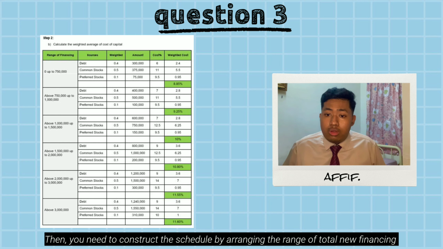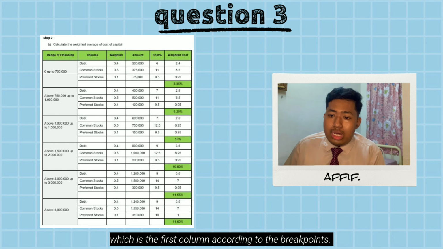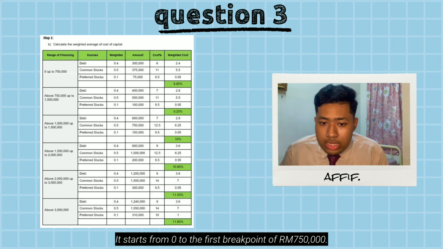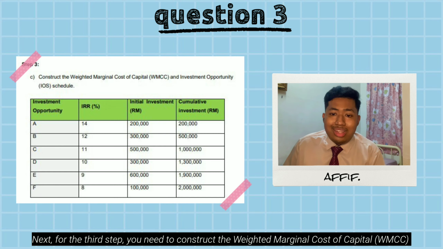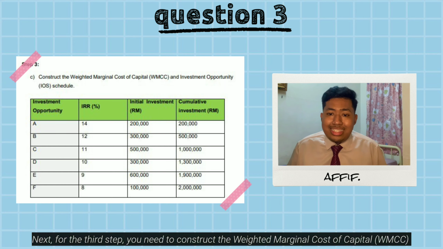Then, you need to construct a schedule by arranging the range of total new financing, which is the first column, according to the breakpoint. It starts from 0 to the first breakpoint of 750,000 ringgit Malaysia.